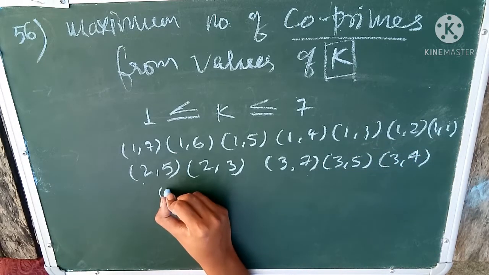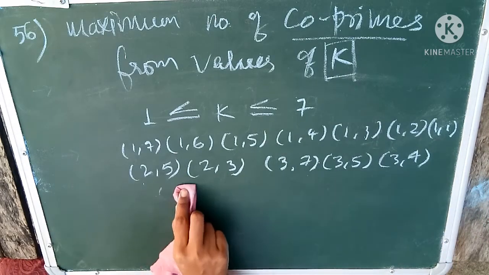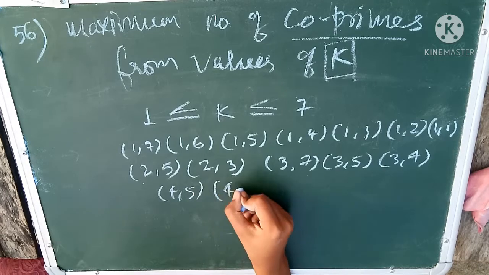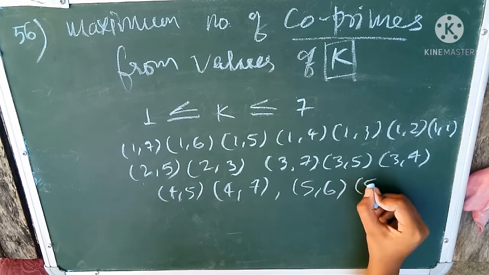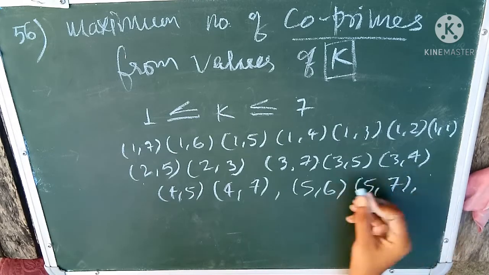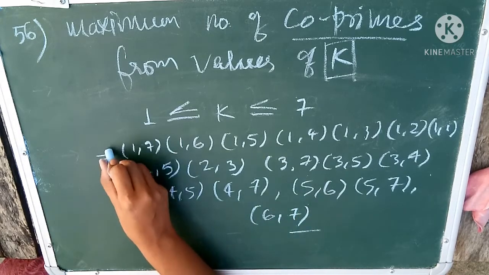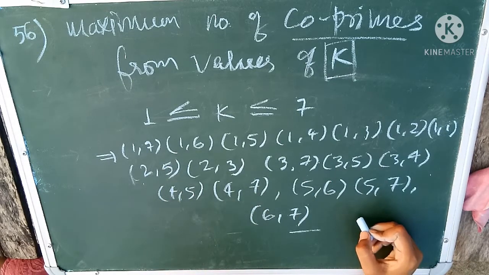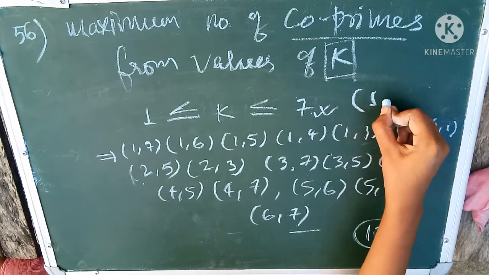Then we have 4 and 5, 4 and 7, 5 and 7, 5 and 6, and lastly 6 and 7. These are all the numbers which form coprimes. All of them have no common factor other than 1. So in total we have 17 coprime pairs using the values of k between 1 and 7.